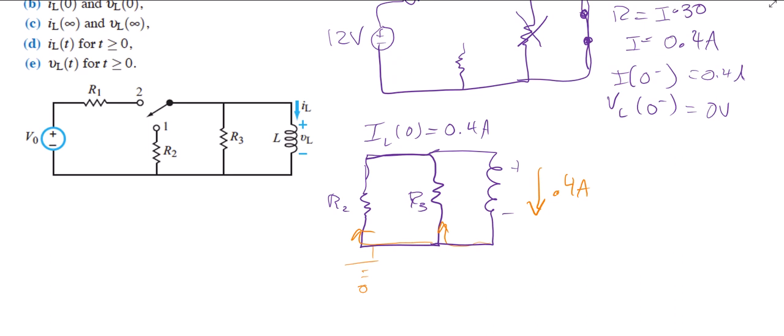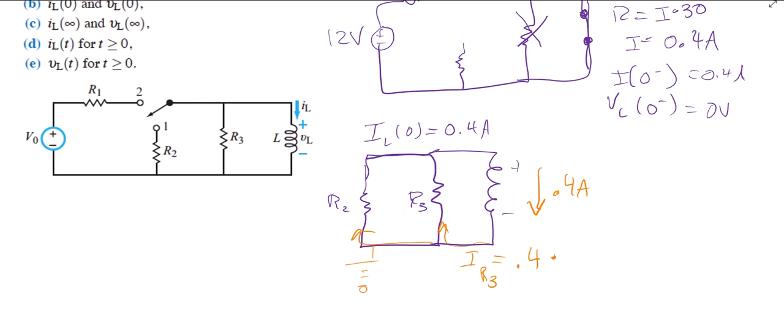I'll just find the current through R3. You can find the current through R2, but I just need one of them. So the current through R3 is the total current times the value of the other resistor. So this is current division.